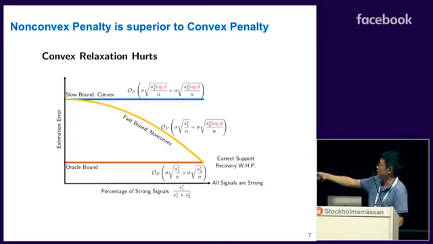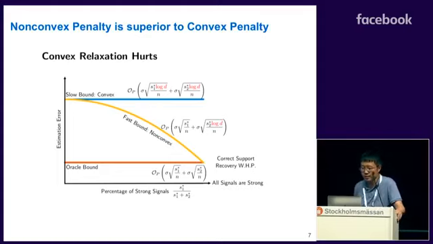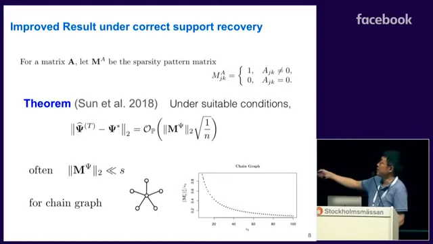You can get either the same as convex, or eventually you get a better rate. You get a better result, depending on when the signals are strong. In addition, you have improved results when you have correct support recovery. When all the signals are strong, in that case, you get strong support recovery.